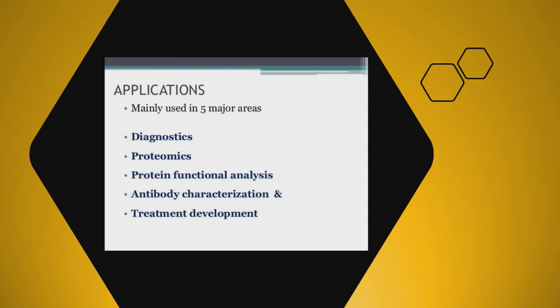There are 5 major areas where the protein arrays are being applied: diagnostics, proteomics, protein functional analysis, antibody characterization, and treatment development. Diagnostics involves the detection of antigens and antibodies in the blood sample, the profiling of sera to discover new disease biomarkers, the monitoring of disease states and responses to therapy in personalized medicine, and the monitoring of environment and food.